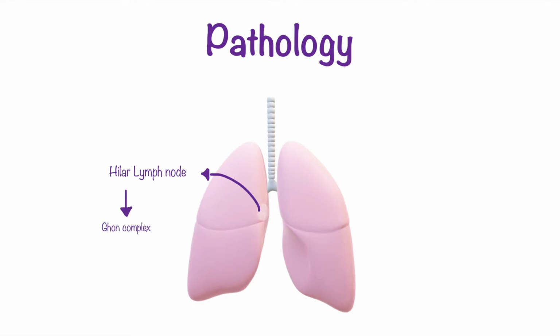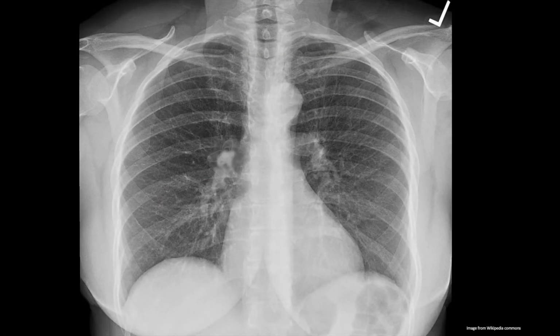This tissue is then encapsulated by the granuloma, undergoes fibrosis, often calcification, and produces scar tissue that can be seen on X-ray. This calcified Ghon complex is called a Ranke complex.